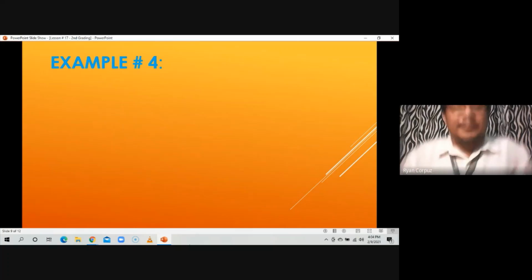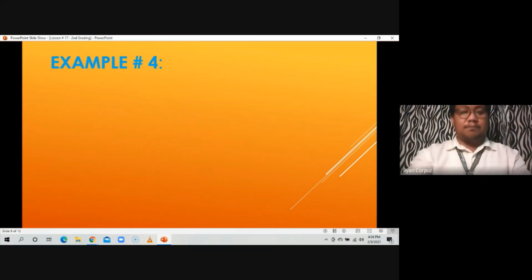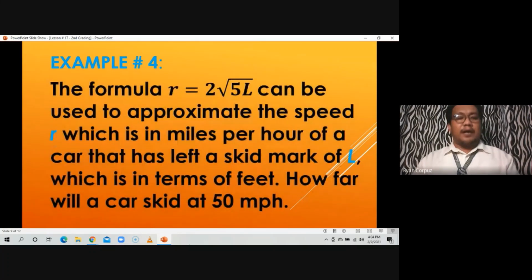Let's have this time example number 4. The problem is, the formula R is equal to 2 square root of 5L can be used to approximate the speed R, which is in miles per hour, of a car that has left a skid mark of L, which is in terms of feet.